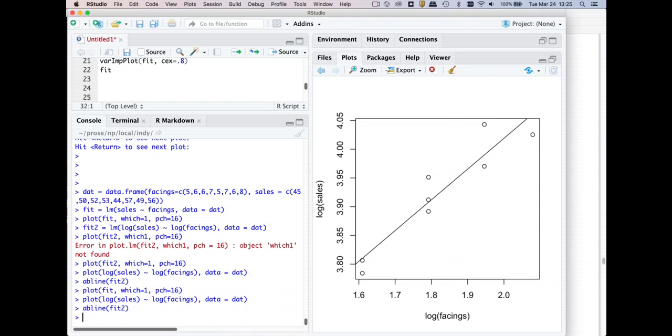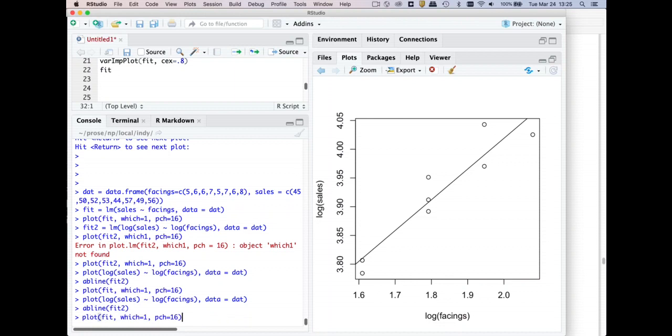But I think there's perhaps, I may prefer the log model to the linear model because of what Tukey said, that we've got 2 count or amount variables, and the fact that log facings is going to, in a sense, take care of some diminishing returns for us.